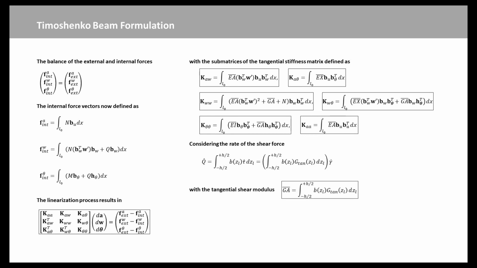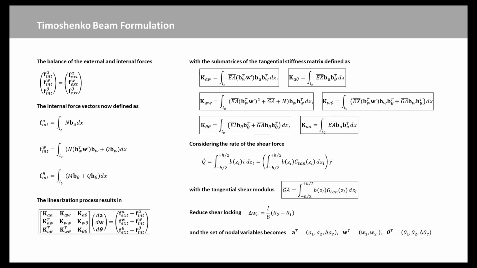The expression J bar can be derived by considering the rate of the shear force, as defined in a new equation, with G tangent, the tangential shear modulus, which depends on the position with respect to the center line. Very acceptable solutions can be obtained when quadratic hierarchic shape functions are used for all variables, in conjunction with a 2-point Gauss integration.